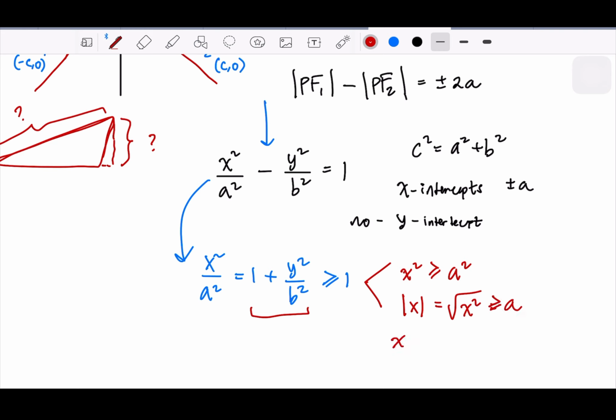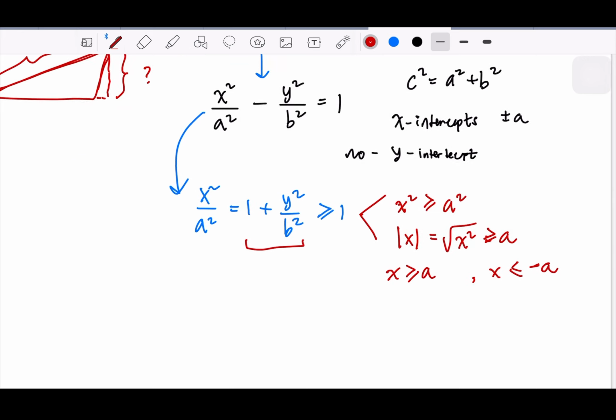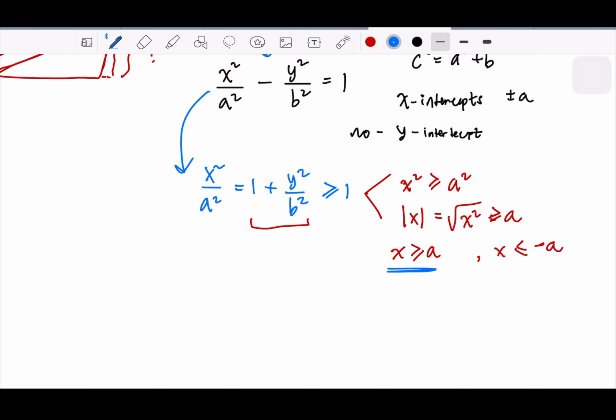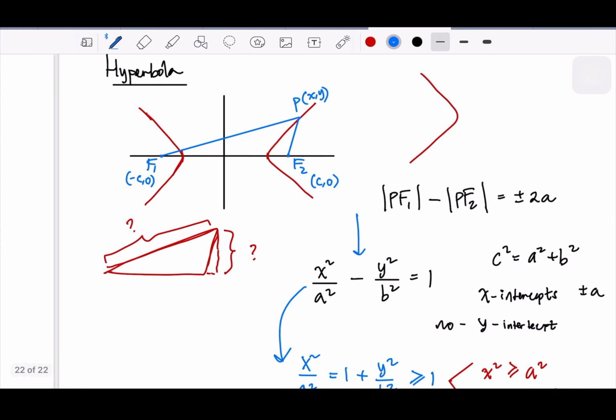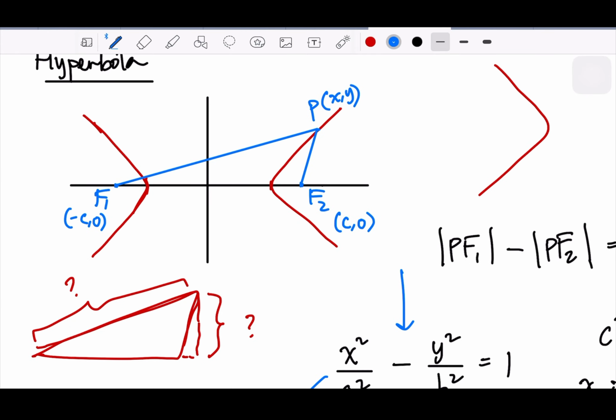So we have x is greater or equal to a, or x is less or equal to negative a. This means that we have two sets of hyperbola, which are illustrated in this graph.